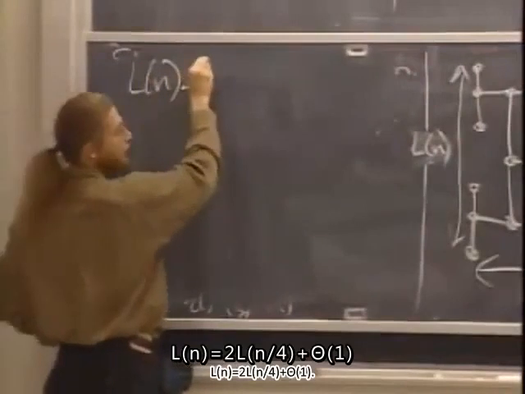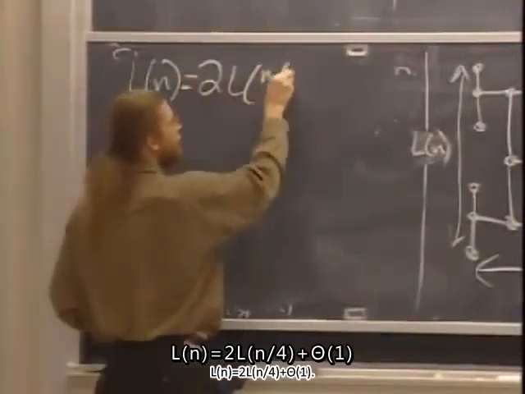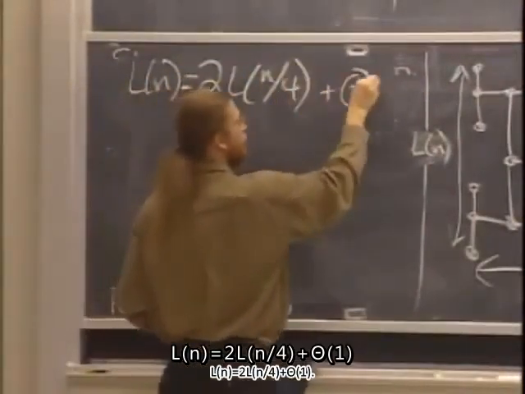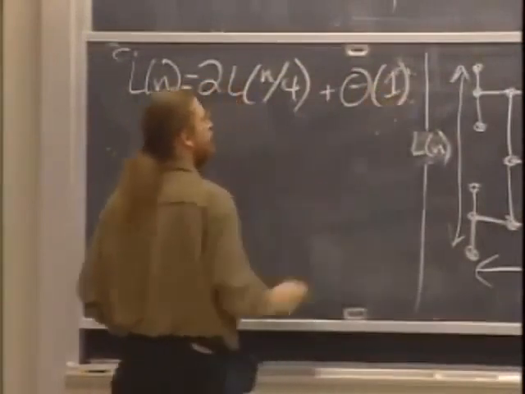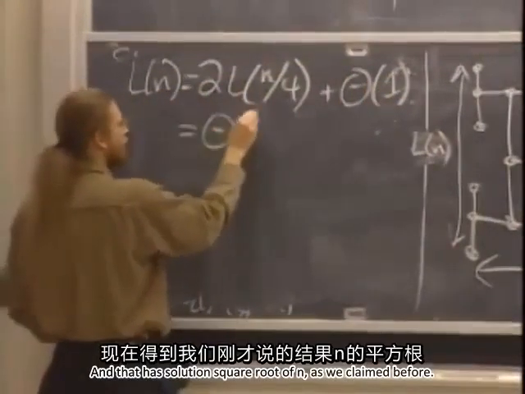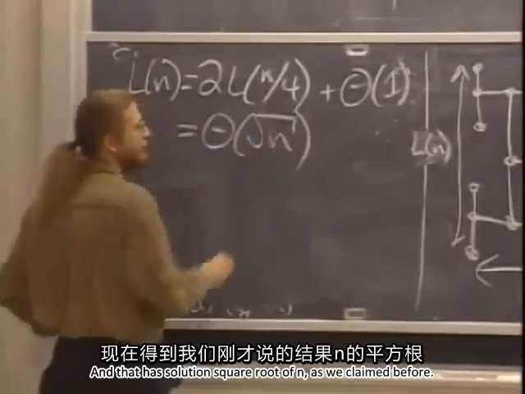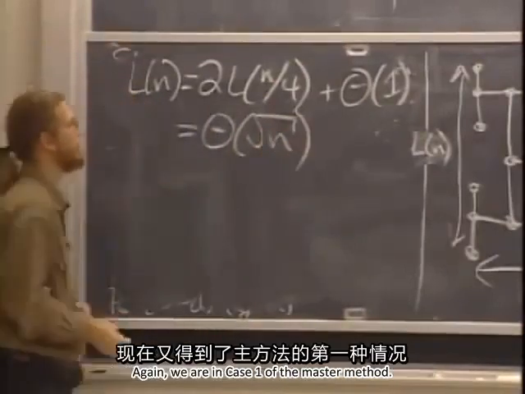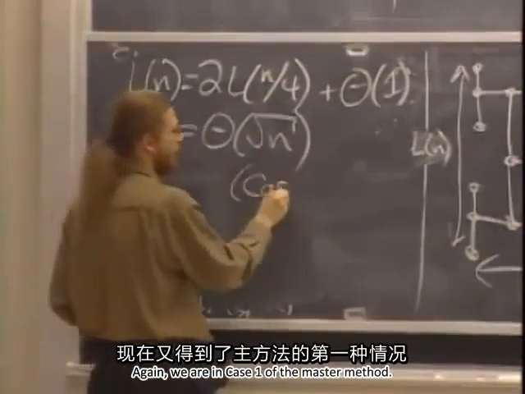L of n is 2 times L of n over 4 plus order 1. And that has solution square root of n, as we claimed before. Again, we're in case 1 of the master method.